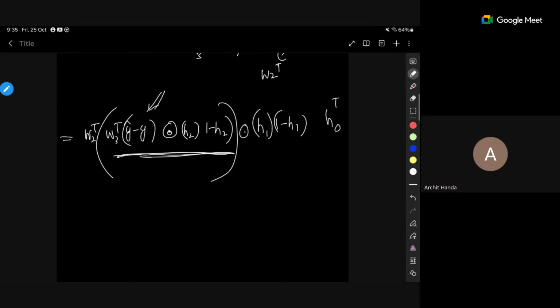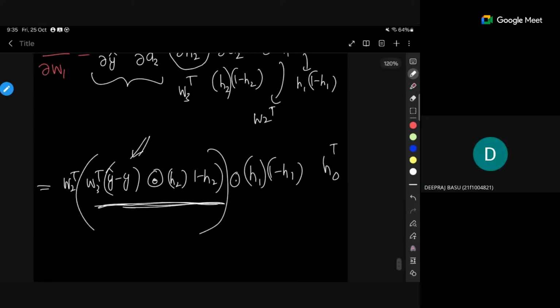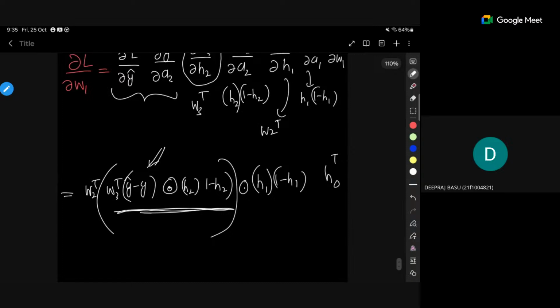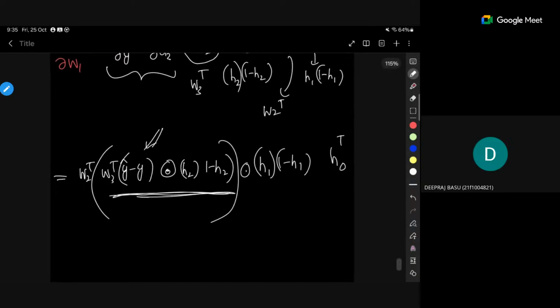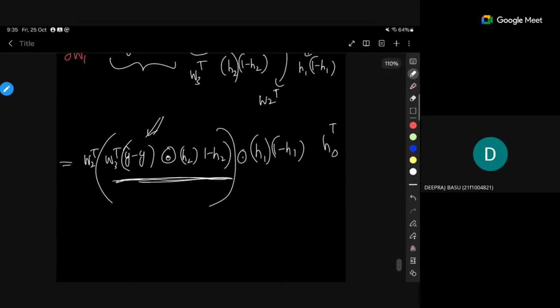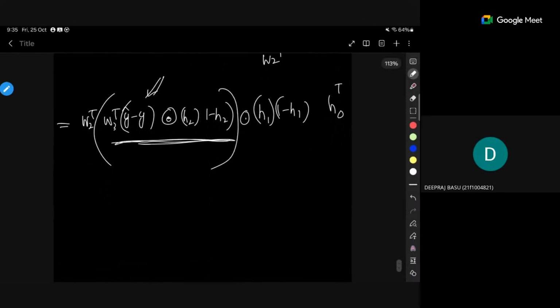Sir, can we expect a question like this for quiz 1? Yes, definitely. That is the only thing that makes sense to have a question on: what is backpropagation and forward propagation. You are supposed to know the full pass, definitely.